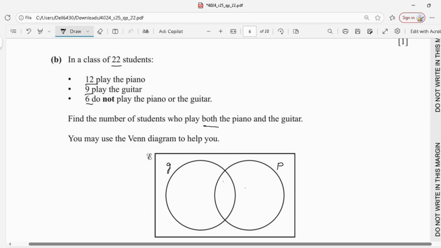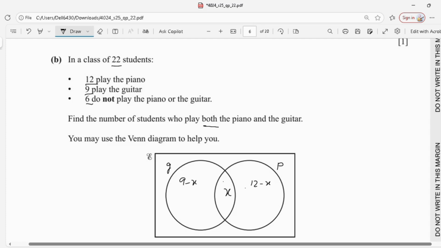Let's say guitar is played by 9, so this is 9 minus x. Piano is played by 12, so this is 12 minus x. And this part, where students are playing both piano and guitar, is x. We have to find the value of x. First we have to omit this 6, because these 6 students are not even playing piano or guitar.